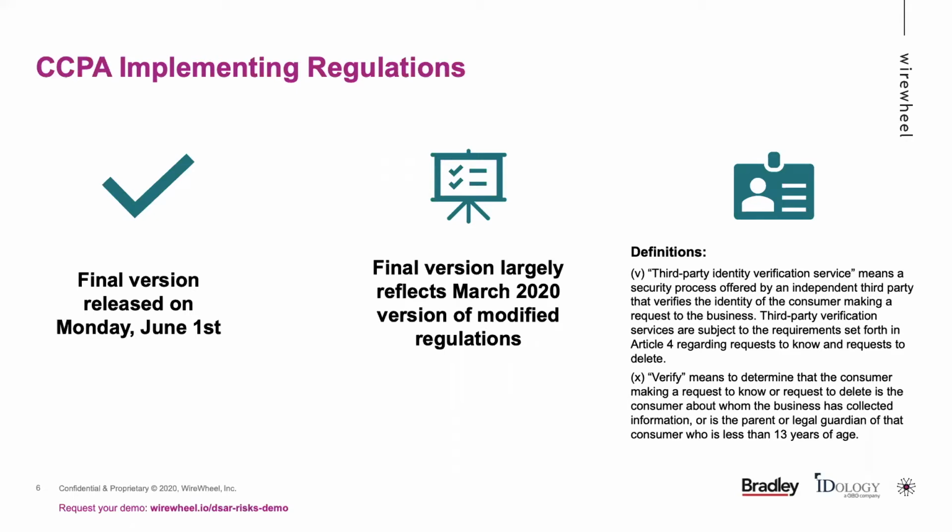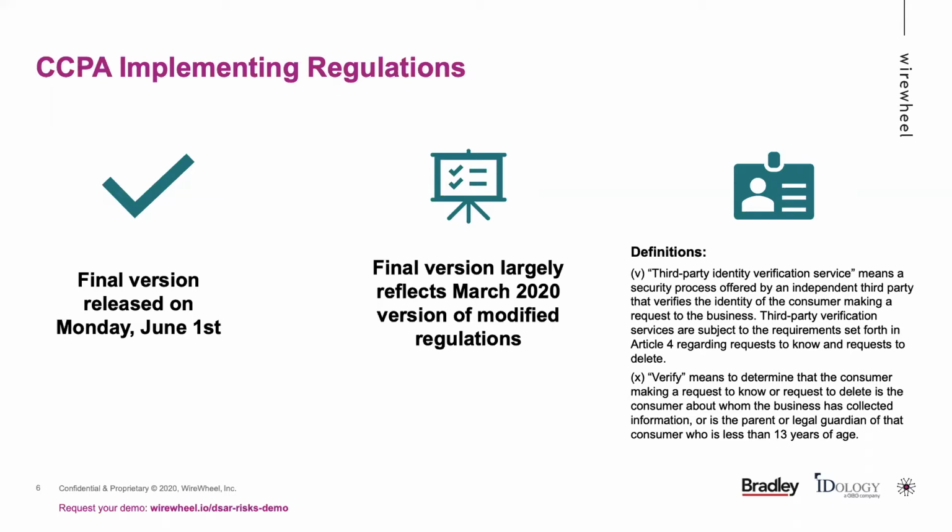The implementing regulations provide some new definitions that weren't in the original statute. For the purposes of this webinar, we're focused on verification. There are lots of other pieces of CCPA, but I'm going to focus on the verification requirements. These two new definitions: a third-party identity verification service, which is specifically defined in the regulations, is laid out to allow companies to use these third-party verification services as part of their verification process.